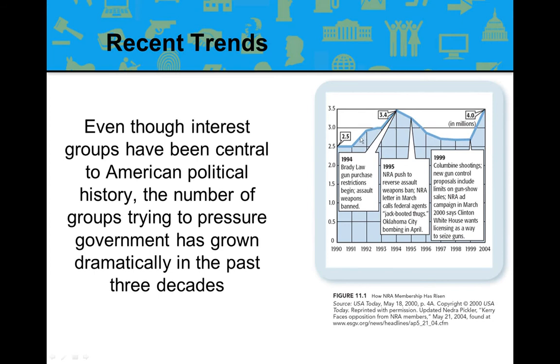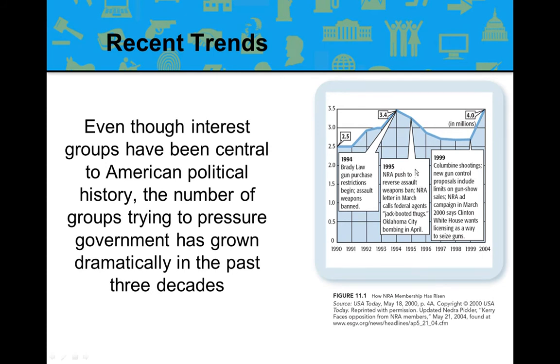The NRA did a lot of advertising in reaction, and it pushed its membership up to 3.4 million. And so in 1995, the NRA was really trying to reverse the ban on assault weapons.